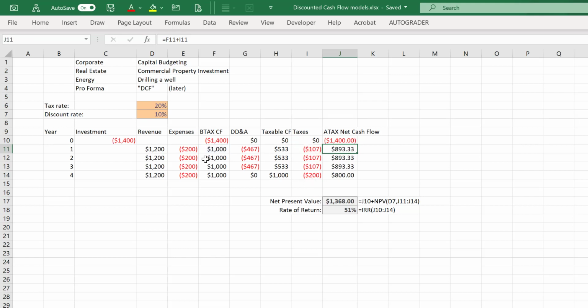The way I've got these cells formatted, any outflows are in red, any inflows are in black, and most of my math uses the sum function.